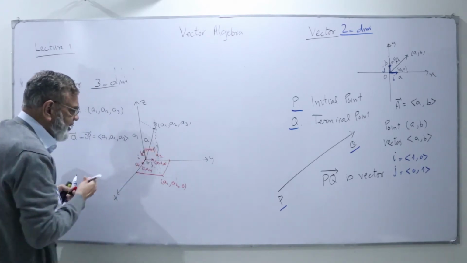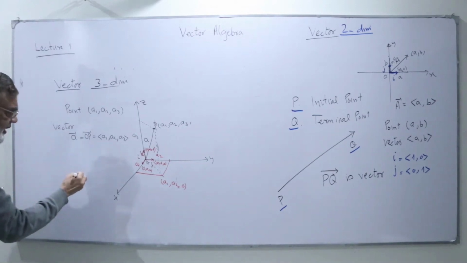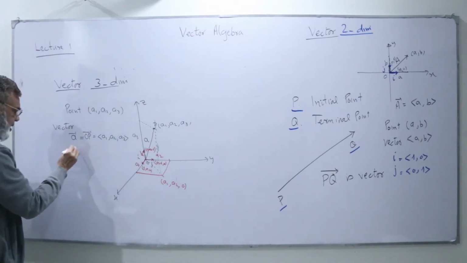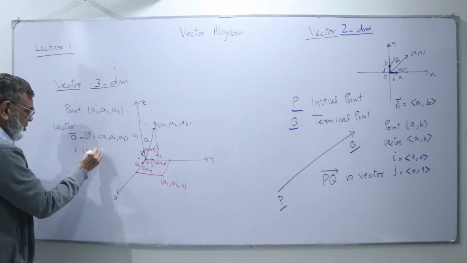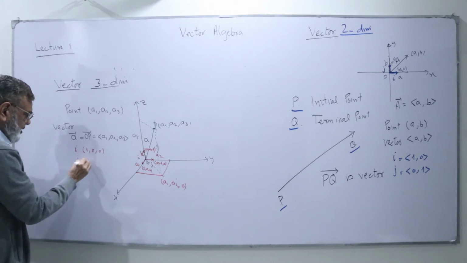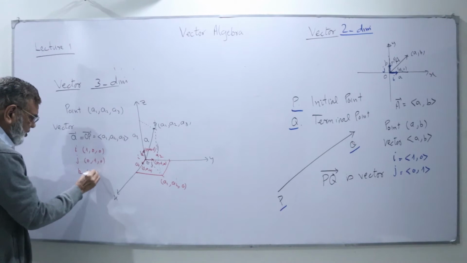Each is of length 1. So point i is (1, 0, 0), point j is (0, 1, 0), and point k is (0, 0, 1).